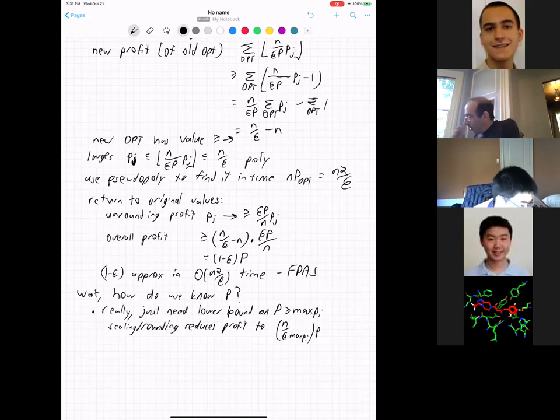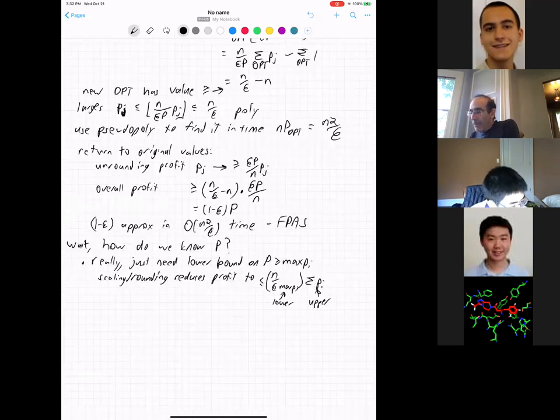So this gives me overall an upper bound on the new profit, which is n over epsilon times the sum of profits divided by the maximum profit. But the sum divided by the maximum is at most n. So the value of the profit here is going to be at most n squared over epsilon. Remember that if we knew the optimum, we would get a profit value of n over epsilon.